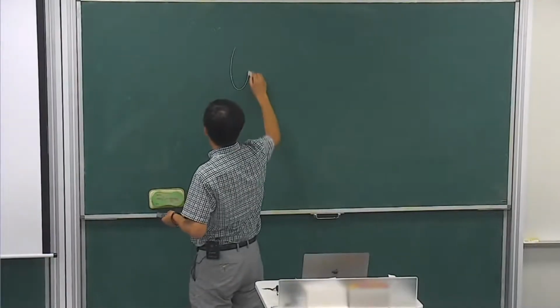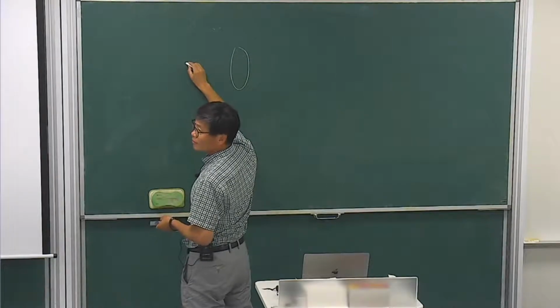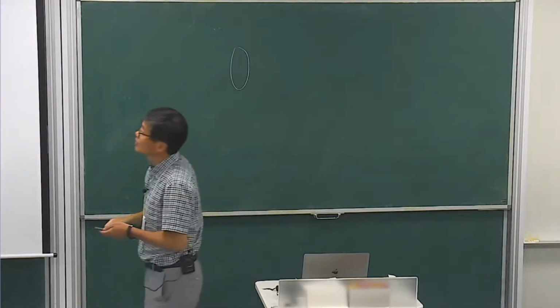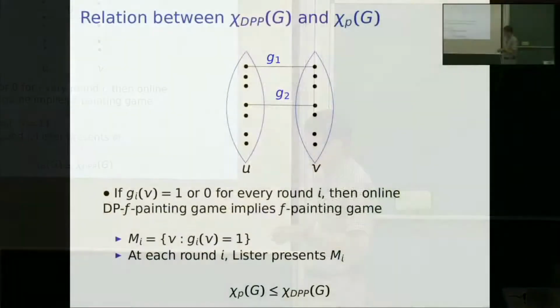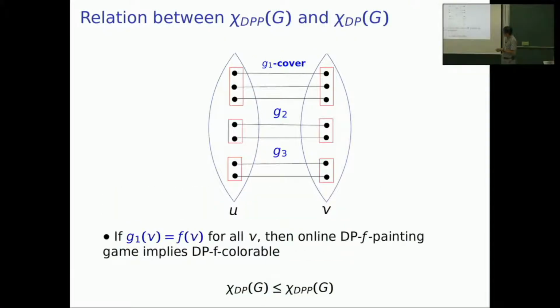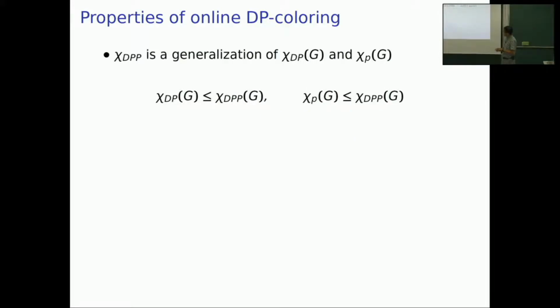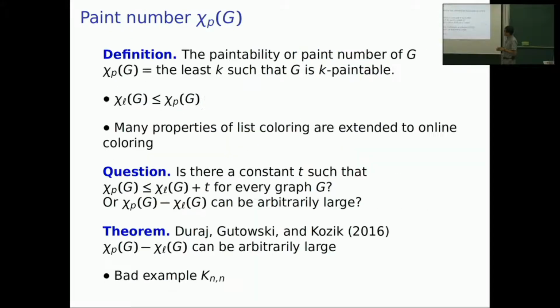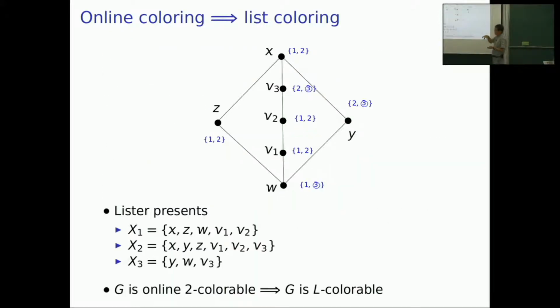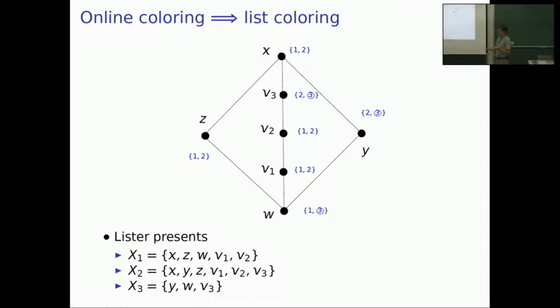Can you show us the definition of a cover? The cover means this new graph H. And in the new graph H, some part of H. So you don't have connectedness.